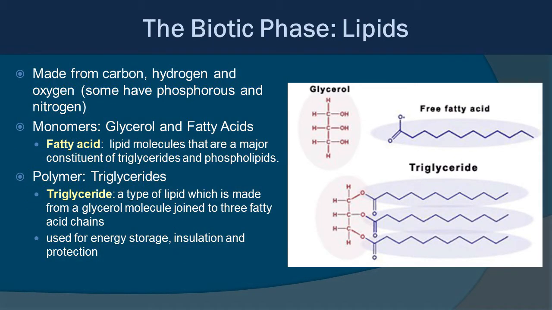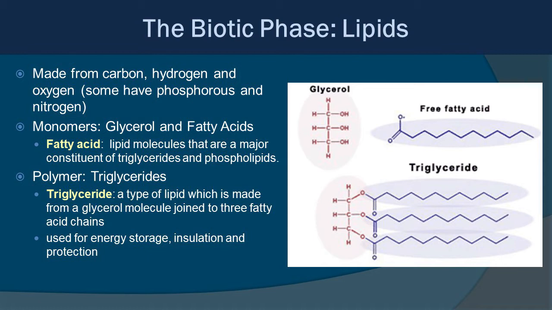Now let's switch over to lipids. Lipids are made from carbon, hydrogen, and oxygen. Some also have phosphorus and nitrogen in them as well. Now, a monomer for a lipid would be glycerol and fatty acids, either or. Fatty acids are lipid molecules that are a major constituent of triglycerides and phospholipids. We'll get into that in a minute.